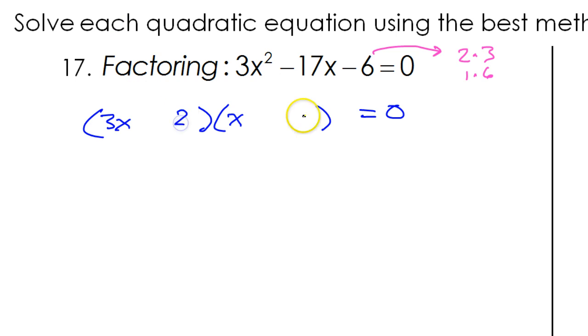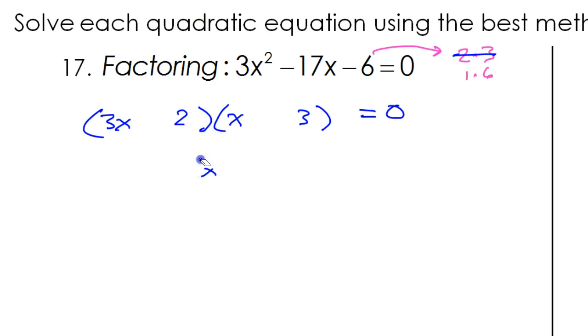So we will try 2 times 3. Now inner plus outer must equal middle. Inner, I have 2x. Outer, I have 9x. I can make 11, but that's it. And like I said, I won't even try it the other way because there shouldn't be a GCF. So the 2 times 3 didn't work.